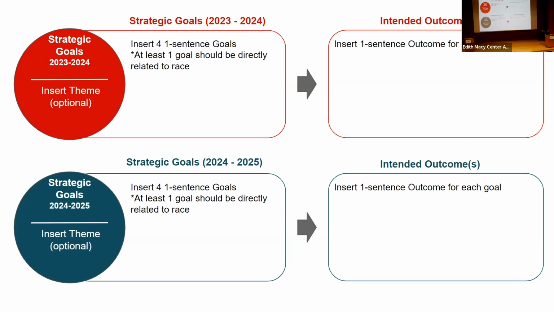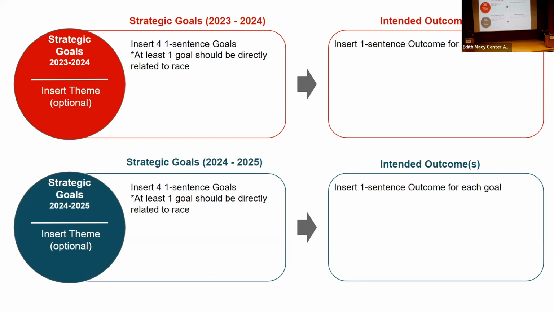Then here you can map the goals to the outcomes. As a basic starting point, you can insert 1-sentence goals. We want them to be short and sweet. We want to be direct when we set goals, and not meander around too much.